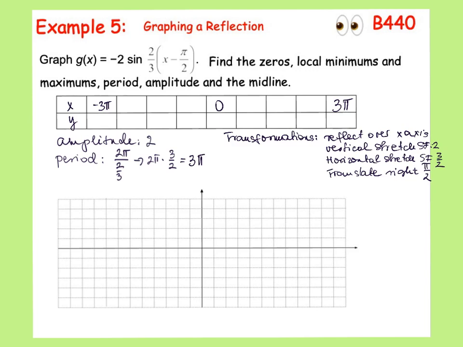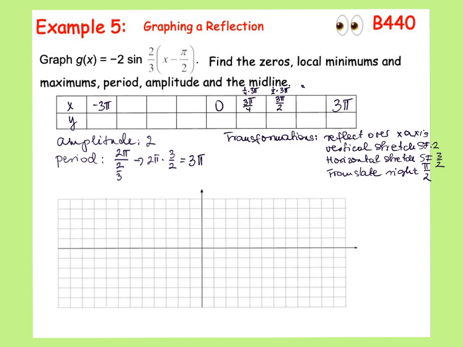So let us go ahead and find the points on the x-axis. So here we are going to do 1/2 times 3 pi. So that's going to give us 3 pi/2. Then here we are going to have 1/4 times 3 pi. So that's going to be 3 pi/4.